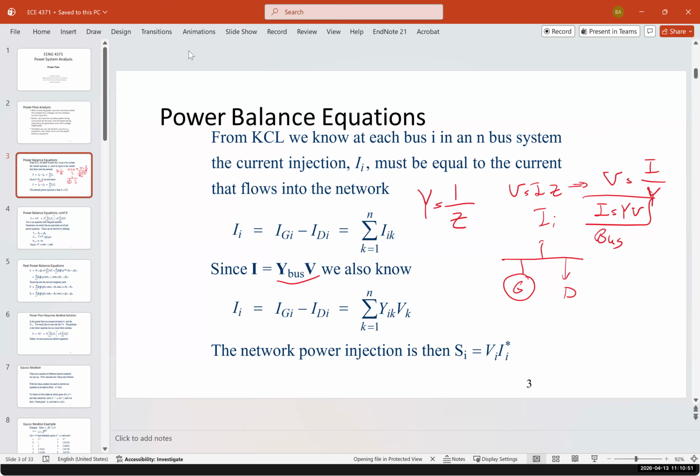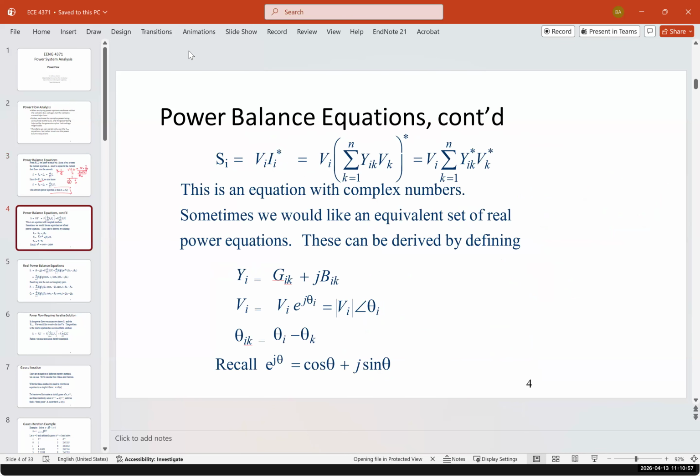So the network power injection is then equal to Si equals Vi Ii conjugate. Now, again, we can expand this, and when we expand it for multiple inputs, multiple loads, multiple generators, we get Si equals Vi Ii conjugate and Ii is YV.